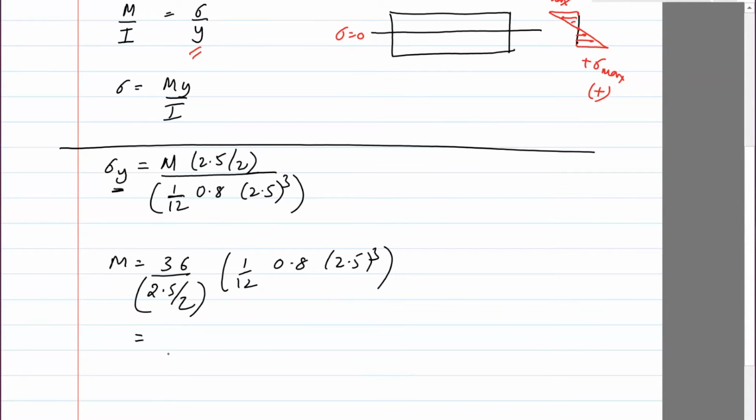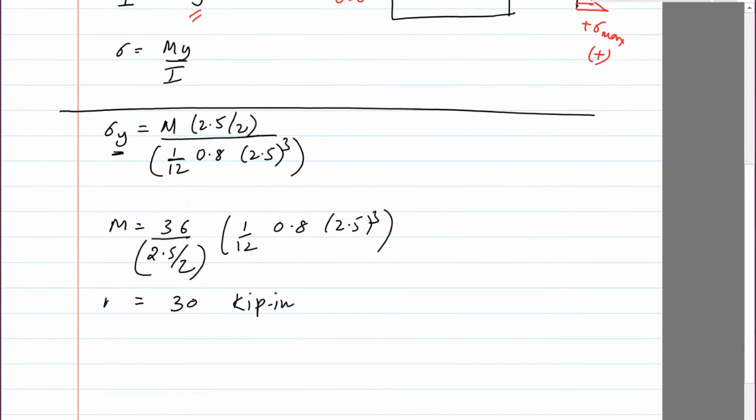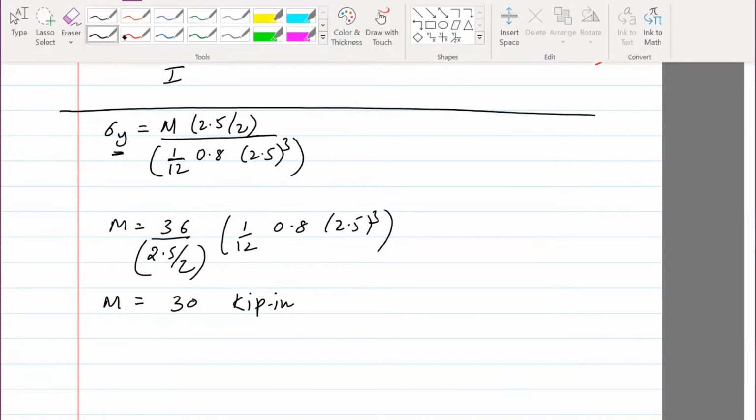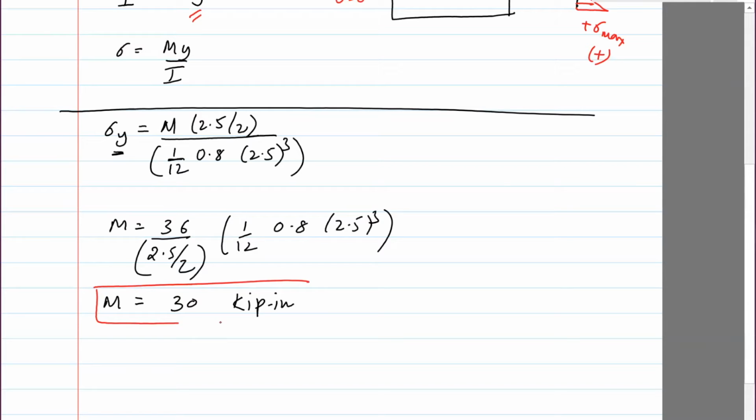If you simplify that, you get 30, and the units for moment in the IPS system here is kip inch. So what's kip inch?